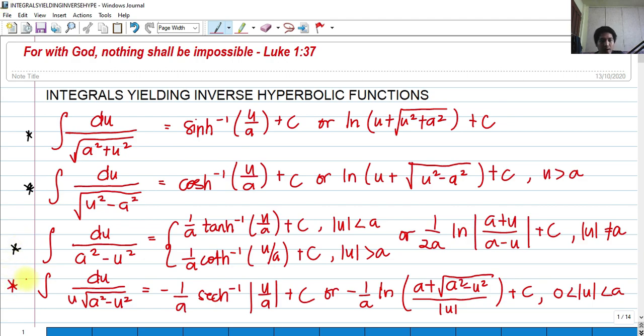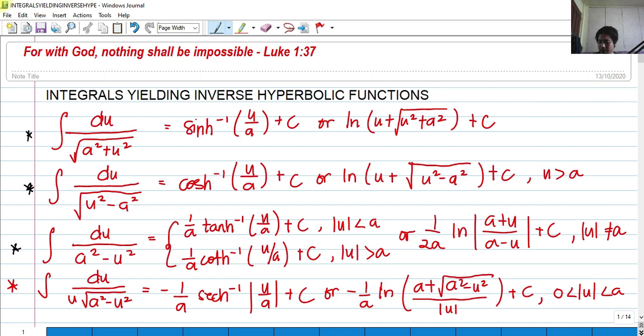So how about for the inverse hyperbolic secant? We have du all over u square root of a squared minus u squared, and that is equivalent to negative 1 over a of the inverse hyperbolic secant of the absolute value of u over a plus c. Or we can express this in terms of the natural logarithm.